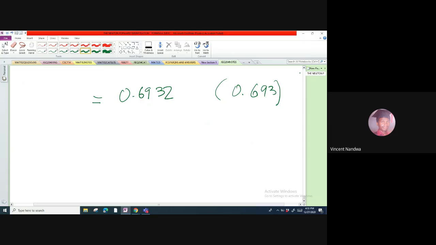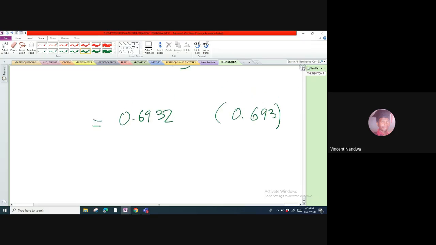Because the question wanted us to express our final values correct to 3 decimal places, at each point we just express each number to 3 decimal places.